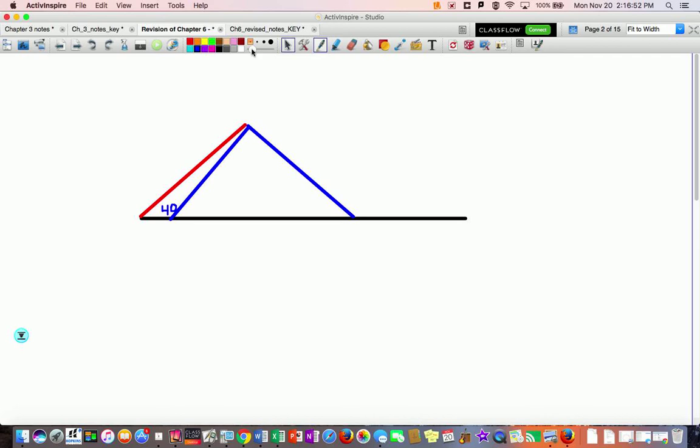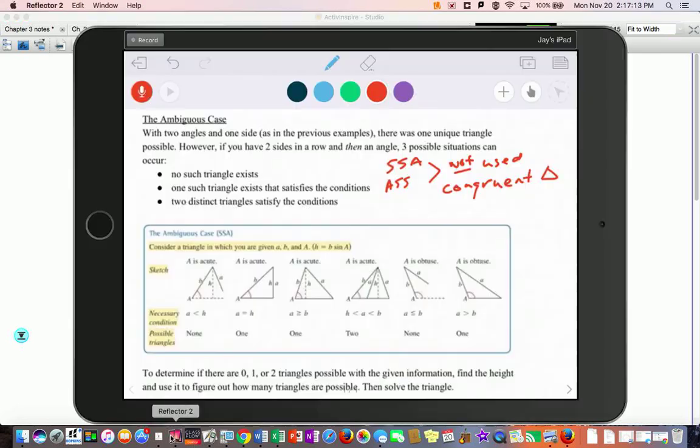And so visually, what's happening is the tip of that line comes down here, and then it starts to go back up, and it hits there. So hopefully you can visualize that blue side swinging in. So there are two different cases. What these rules are telling you is, one, acute. Remember, acute triangles are less than 90 degrees.